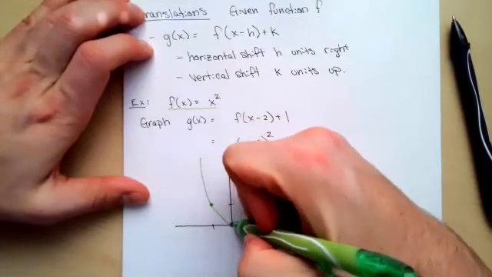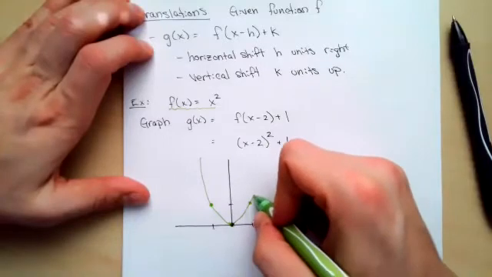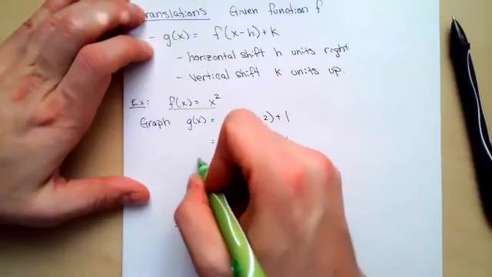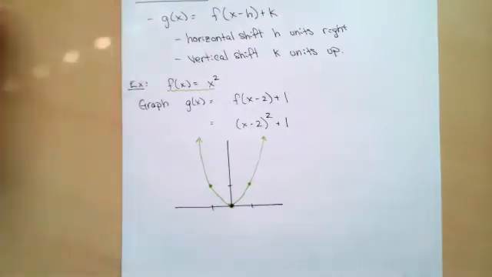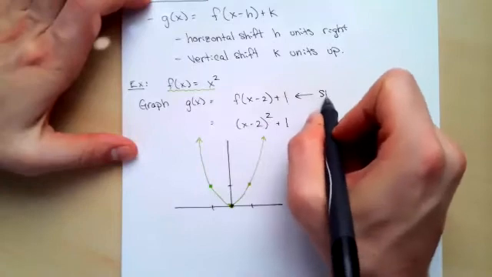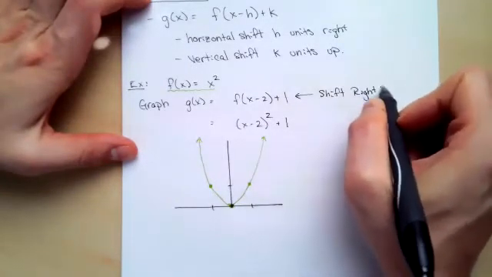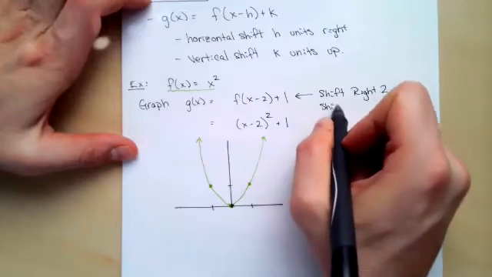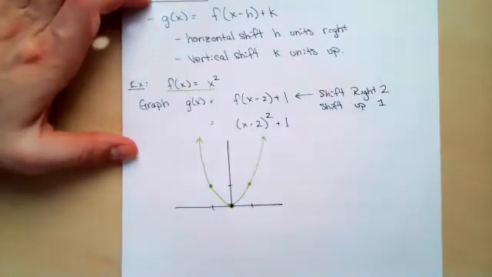And we have our shape, our general parabolic U shape. And what do we want to do with this transformation? We need to shift right 2 and shift up 1.